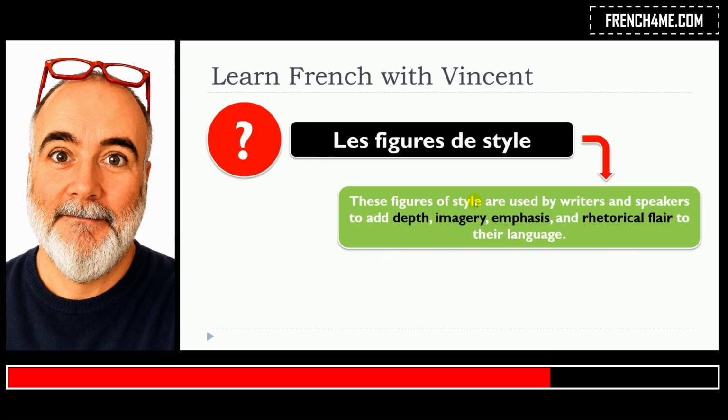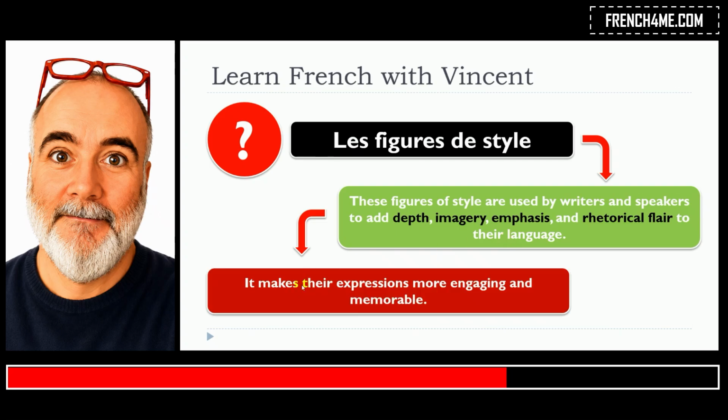These figures of style are used by writers and speakers to add depth, imagery, emphasis, and rhetorical flair to their language. And it makes their expressions more engaging and memorable.